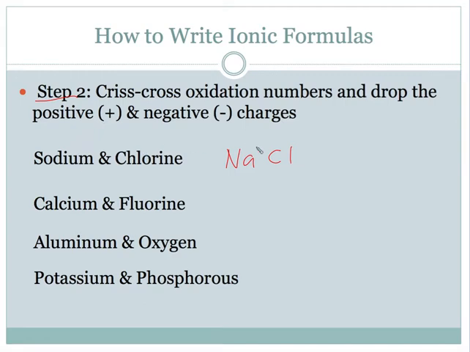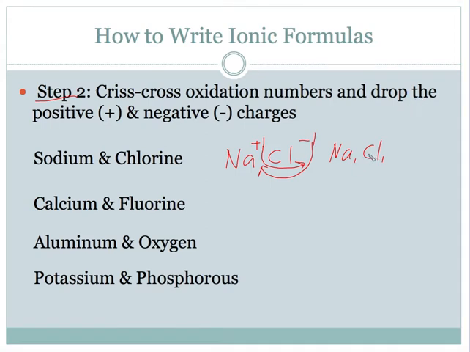So sodium, as we said, was positive 1. Chlorine is negative 1. Step 2, crisscross oxidation numbers and drop the positive and negative charges. So I'm going to take this positive 1 and this negative 1. I'm going to cross them. So my 1 goes outside the chlorine. This negative 1 comes just past the sodium. And remove the signs. So now I have Na1 and Cl1.